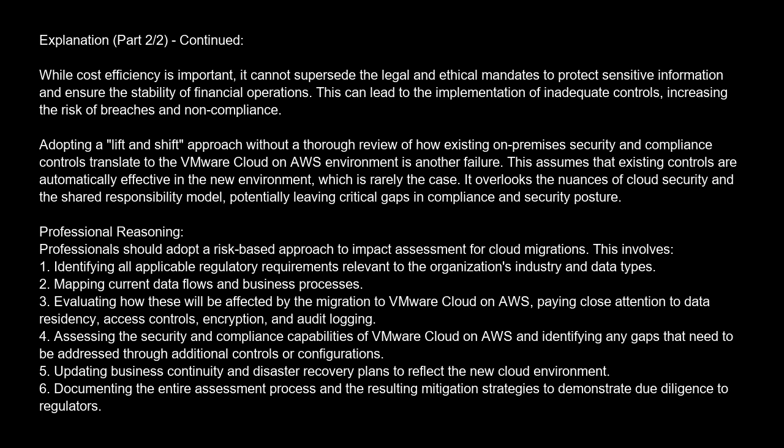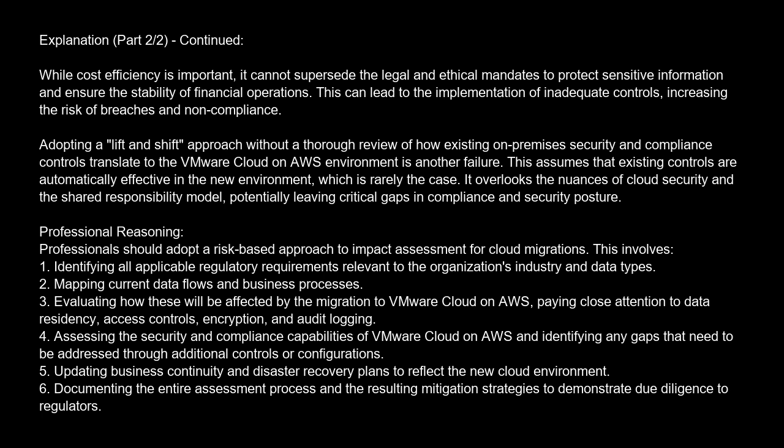Professional reasoning. Professionals should adopt a risk-based approach to impact assessment for cloud migrations. This involves: 1. Identifying all applicable regulatory requirements relevant to the organization's industry and data types. 2. Mapping current data flows and business processes. 3. Evaluating how these will be affected by the migration to VMware Cloud on AWS, paying close attention to data residency, access controls, encryption, and audit logging. 4.